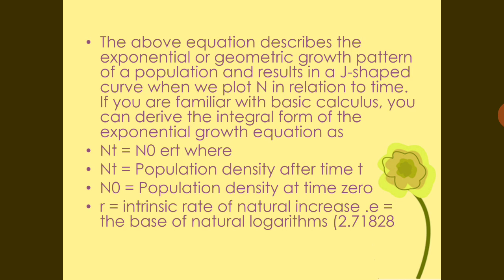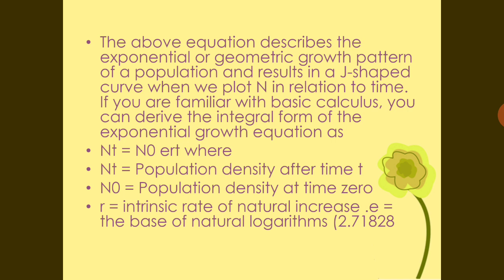The above equation describes exponential or geometric growth, and the result is a J-shaped curve when we plot N in relation to time. If you are familiar with basic calculus, you can derive the integral form of the exponential growth equation as Nt = N0 e^(rt), where Nt is the population density at time t, and N0 is the population density at time 0. r is the intrinsic rate of natural increase, and e is the base of the natural logarithm, with a value of 2.71828.